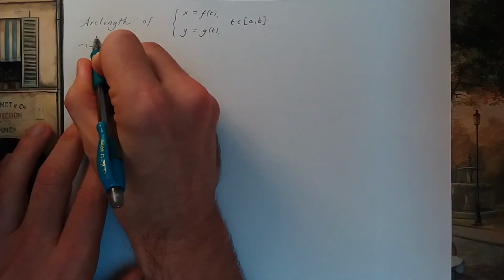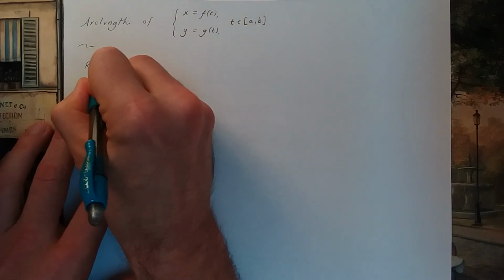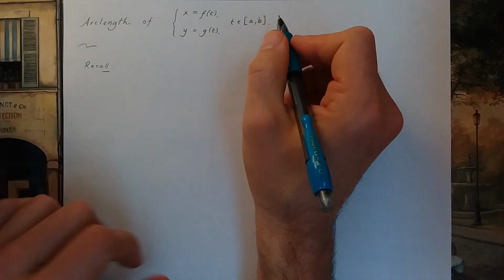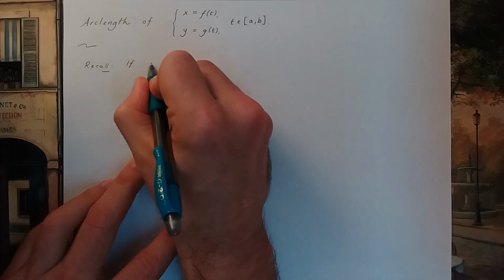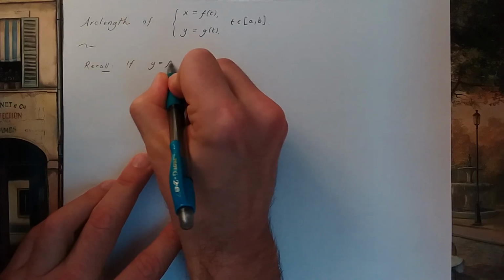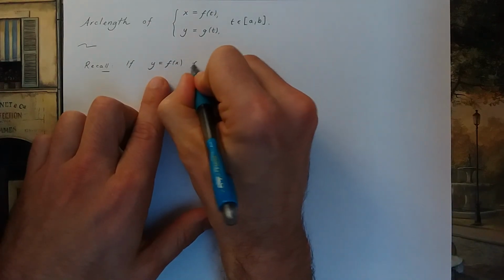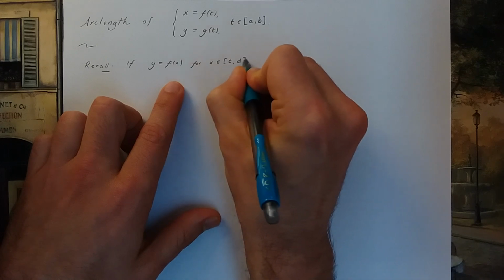So I'd like to find the arc length of this parametric equation, and I'm going to start using a formula that you may have seen in a previous calculus course. Here's arc length. Let's suppose y is a function of x, and x is in between two other numbers, c and d.